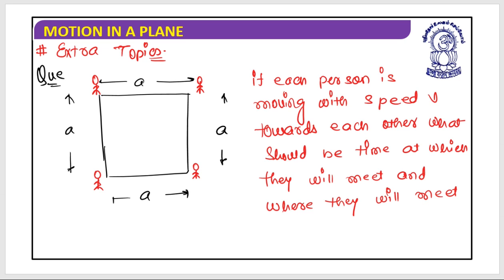Then they want to know what should be the time at which they will meet, and one more thing, where they will meet. So they require these two things: where to meet and when to meet. So what is your answer? Take 15 seconds and let me know what the answer should be.